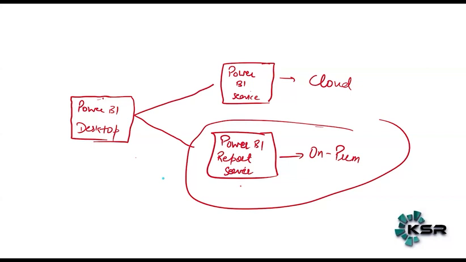Cloud systems are those systems which are hosted on cloud servers. Suppose the server is present in the US and you are accessing it here. These are cloud systems. For Power BI Service, you do not know where the server is; it can be in the US, it can be in the UK, and you are accessing it from anywhere.